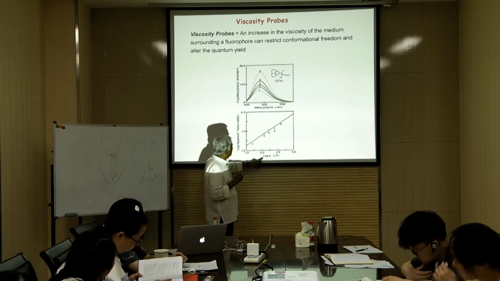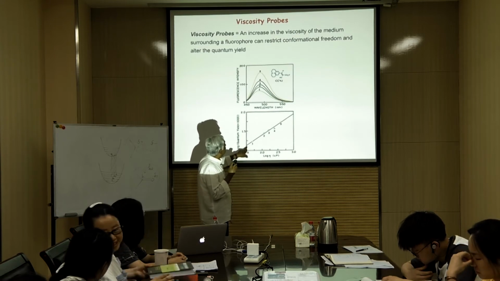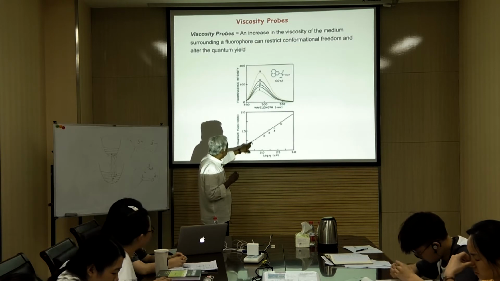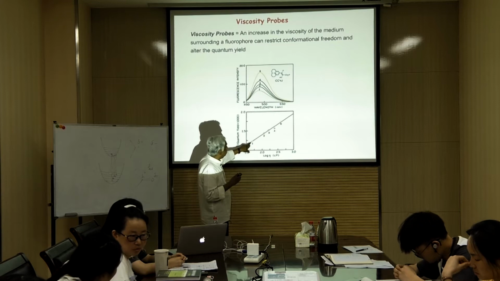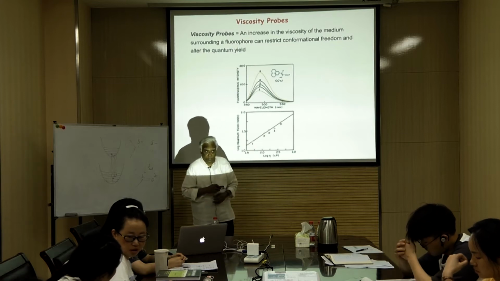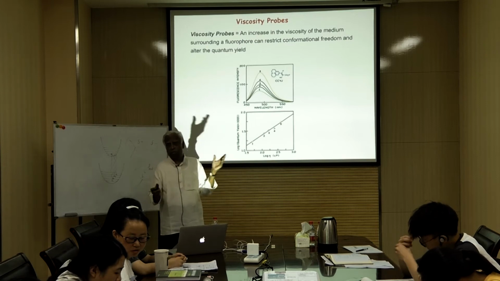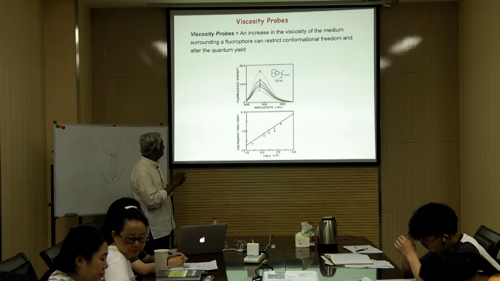Okay. So this is 1, 2, 3, 4, 5. And as we see the intensity of this emission, it depends upon whether viscosity is here or viscosity is over here. Depending upon the viscosity, the emission intensity will change for this compound. For some other compounds, the emission maximum will change. In this particular case, the intensity is changing.